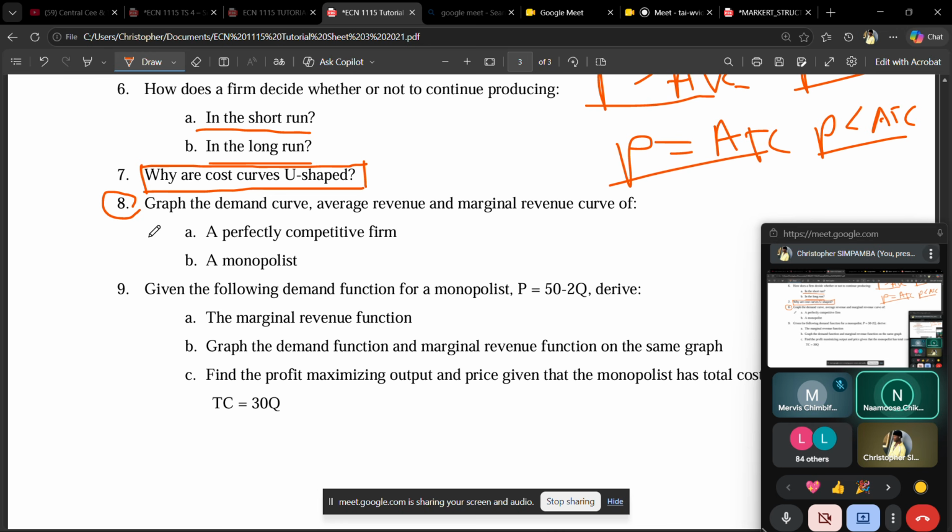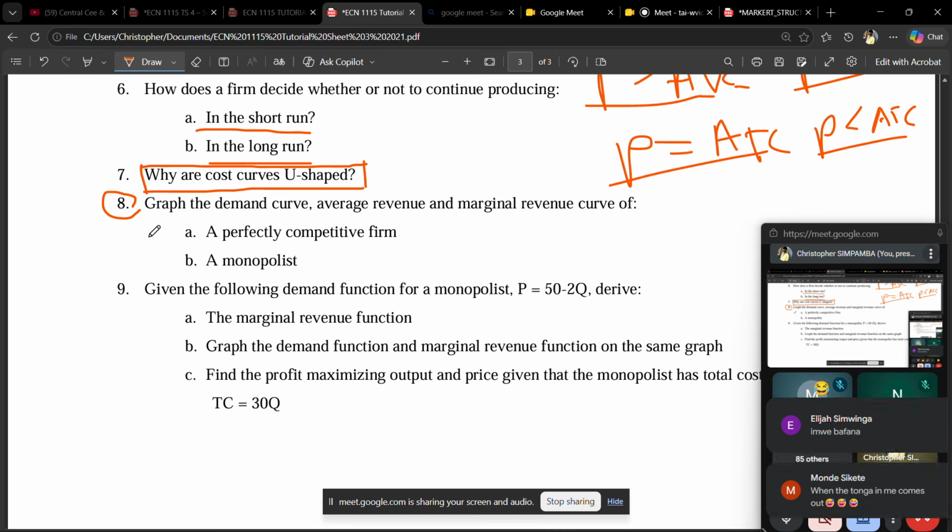It is because of the law of diminishing marginal returns, okay? Say it again. What I'm saying is this, it is because of the law of diminishing marginal returns. You understand?